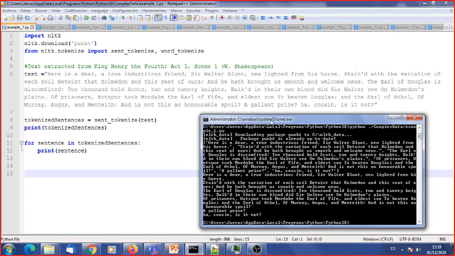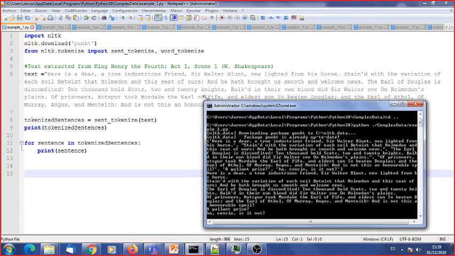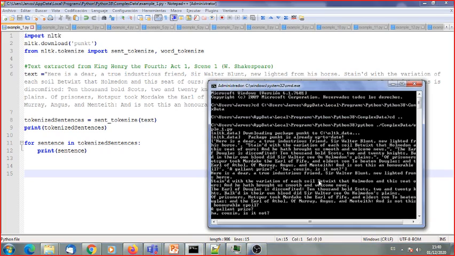It's working for me too. So what is your output? Is this a list? Yes, it's given like a list of sentences. We have it break up the text into sentences. Okay.